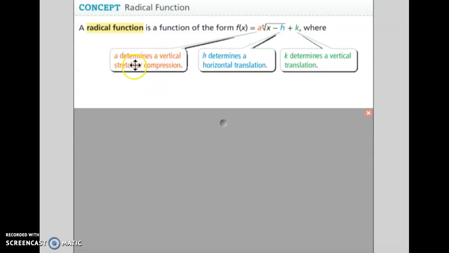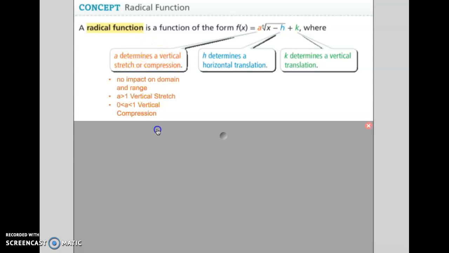A vertical stretch and compression doesn't impact the domain or range. It just changes the amplitude or the slope of the shape of the graph. But we should be able to identify when that a is greater than 1, it's a vertical stretch, and when it's a fraction or a decimal between 0 and 1, it's called a vertical compression, and it compresses the graph in a vertical way.